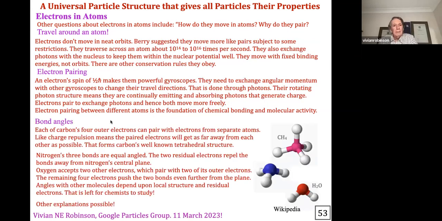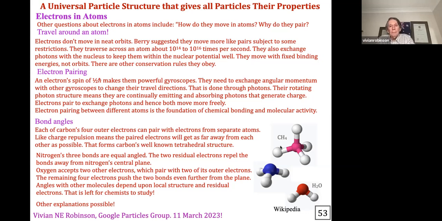But another thing, we come to bond angles. I think we all know that carbon has tetrahedral bonding. All four bonds are as far away from each other as they can possibly get. In the case of methane, one electron from a hydrogen atom and one from a carbon are bonded and form a pair of electrons.